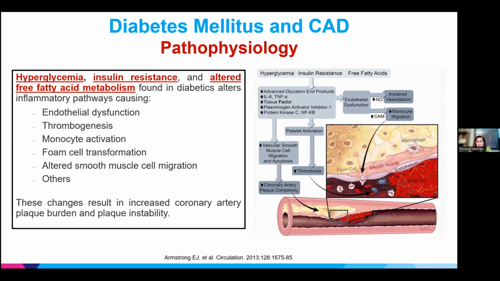These are all associated and very much result in increased coronary artery plaque burden and plaque instability in patients with diabetes.